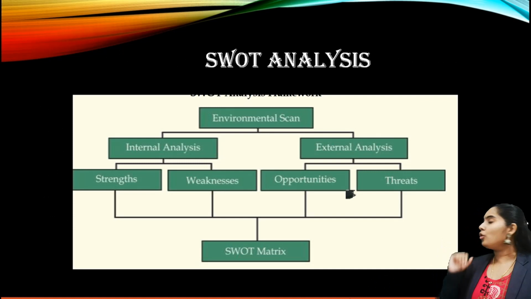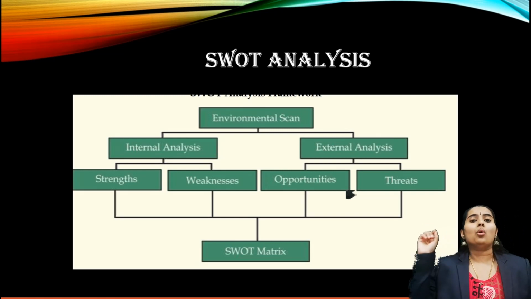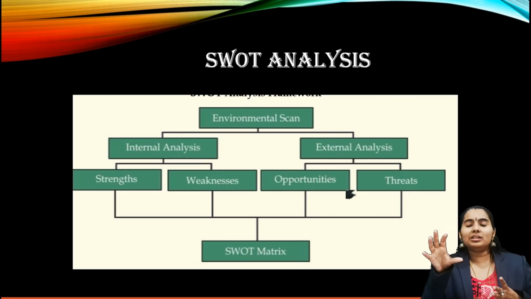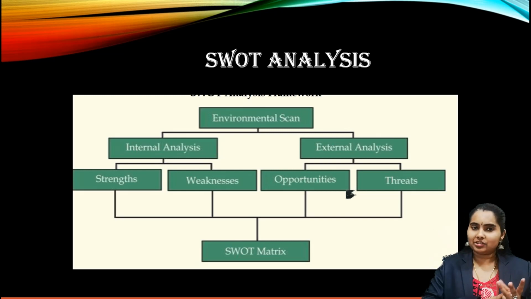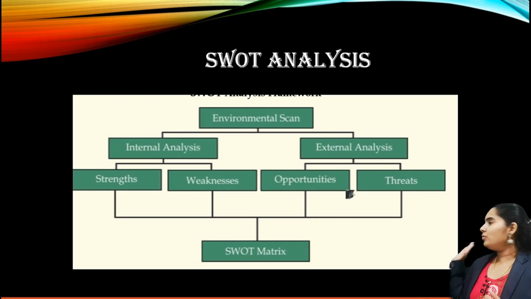Next one is SWOT analysis. SWOT analysis is a technique for environmental scanning. What is SWOT? It is a short form of strength, weakness, opportunities, and threat. So why are we doing environmental scanning? To identify the strengths, weaknesses, opportunities, and threats.